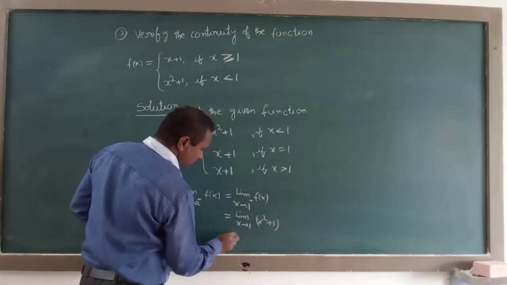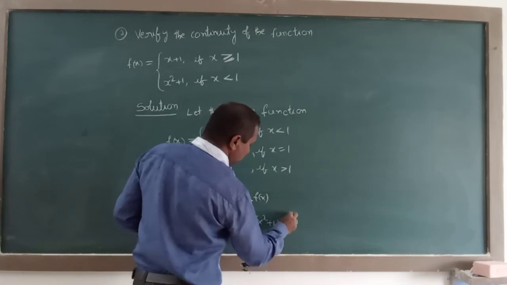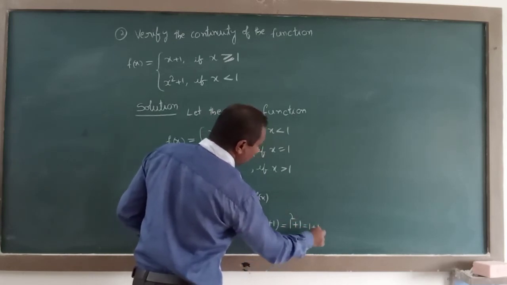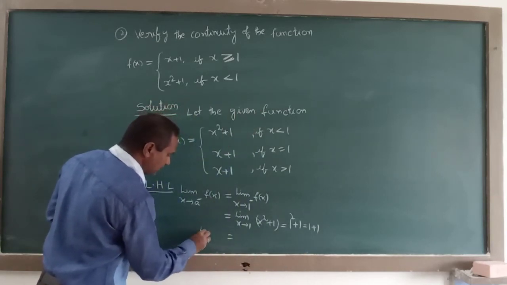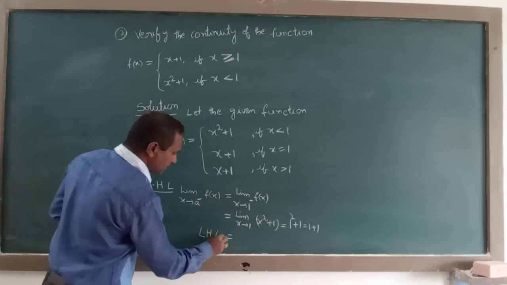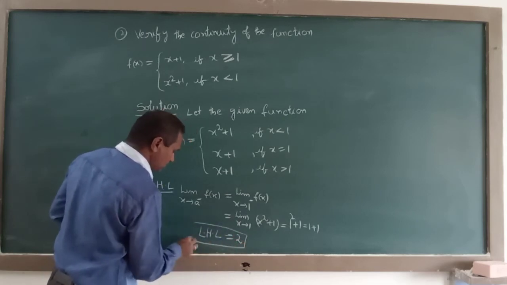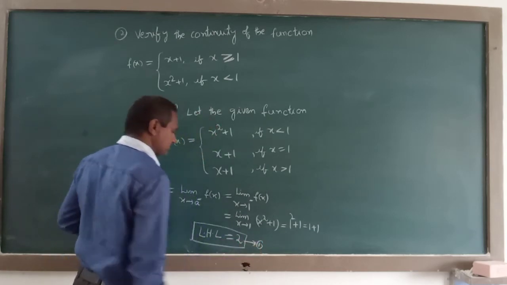Removing the limit symbol, we get 1 square plus 1, which is 1 plus 1. So the LHL value we got here is 2. We represent this as equation number 1.